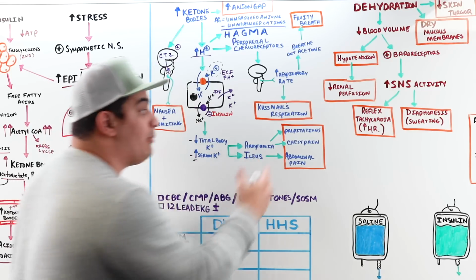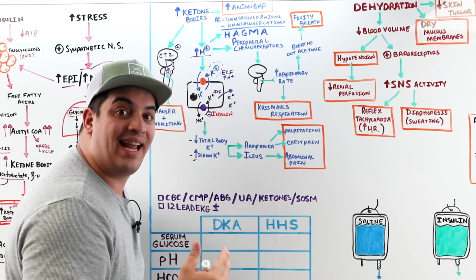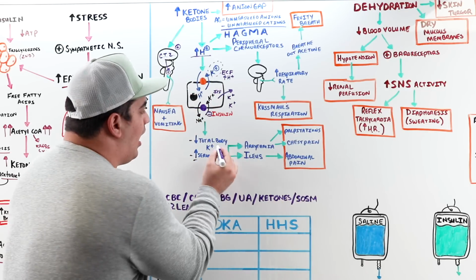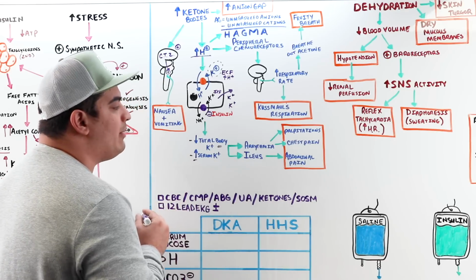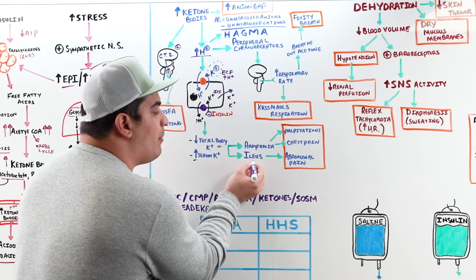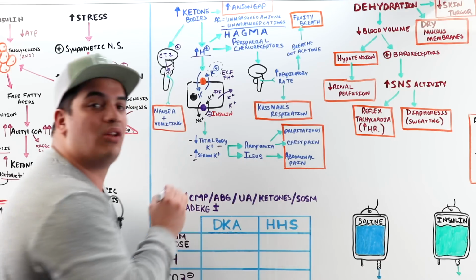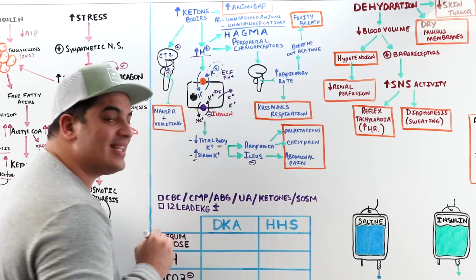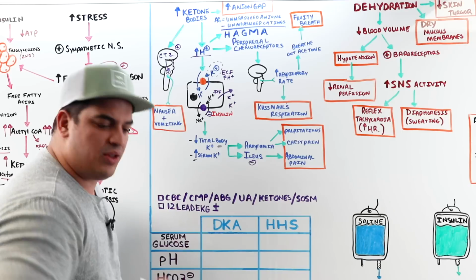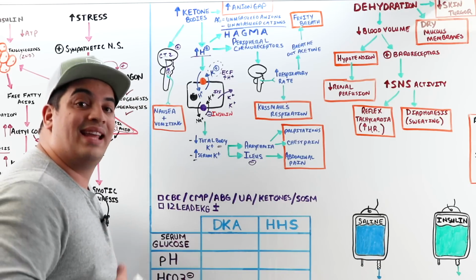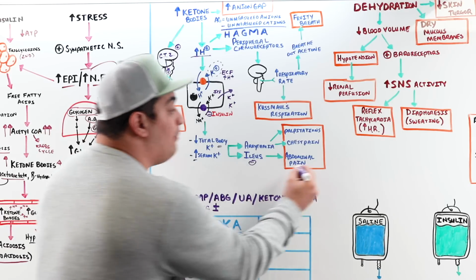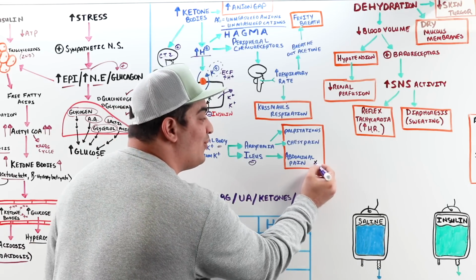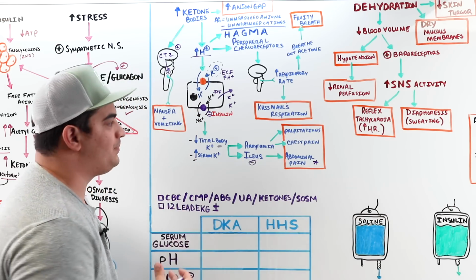Now, arrhythmias might present with symptoms of palpitations or chest pain. Another thing is that as you decrease total body potassium, this can alter the peristaltic activity in the small intestine. If you alter the peristaltic activity in the small intestine, this can lead to an ileus, where there's no peristaltic contraction in that area of the small intestine. And because of that, this can lead to abdominal pain.